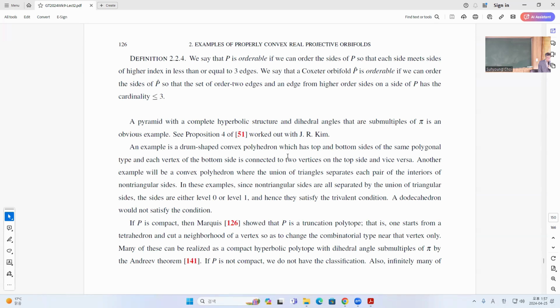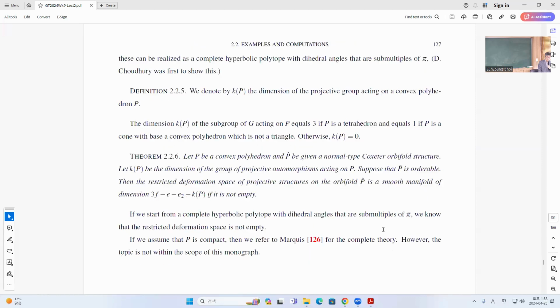So for these, you can study these well. So if P is a compact orbifold, then I should say P hat here, then this P is a truncation polytope. This means that you start with the tetrahedron and you cut off the vertices, and you cut off the vertices again and again, and that kind of thing. Then you can compute the dimension here.